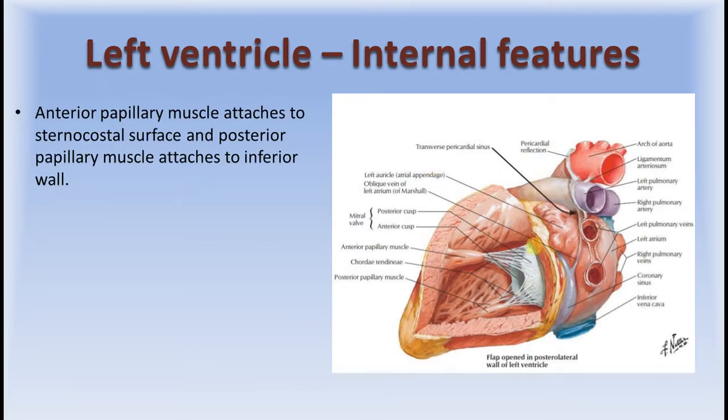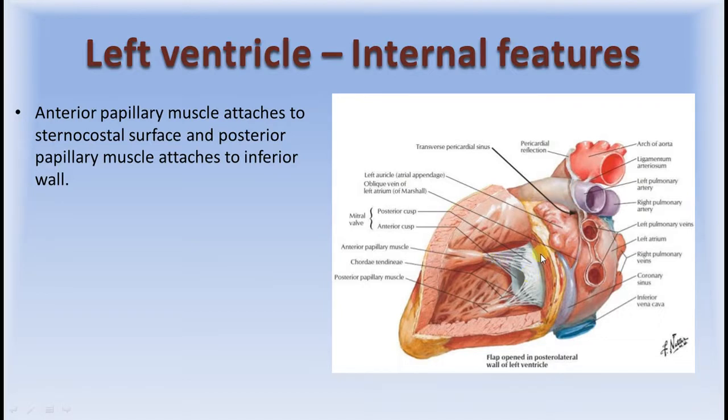The anterior papillary muscle attaches to the sternocostal surface, same as that of the right ventricle, and the posterior papillary muscle attaches to the inferior wall, and both papillary muscles give chordae tendineae to both the leaflets, anterior and posterior leaflets.